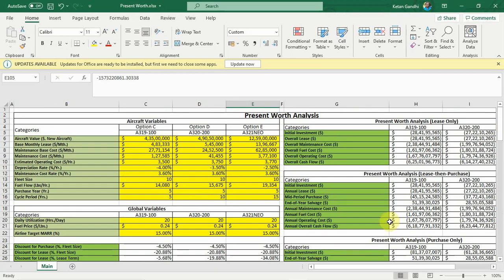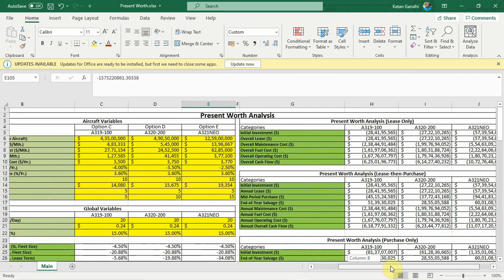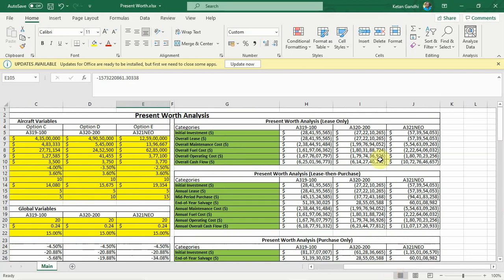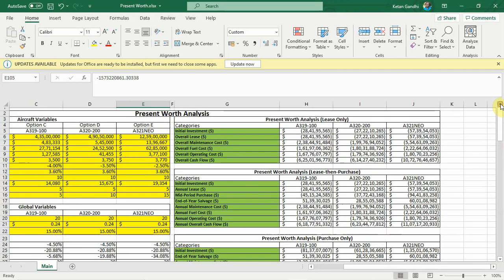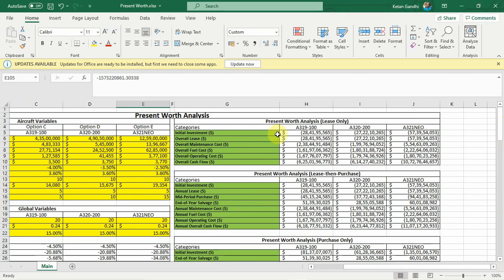Now we really want to calculate the present worth analysis for the lease only, lease then purchase, and then the present worth analysis for the purchase only. So here we're going to take the parameters of the minimum rate of return, and then we'll go for the study period.